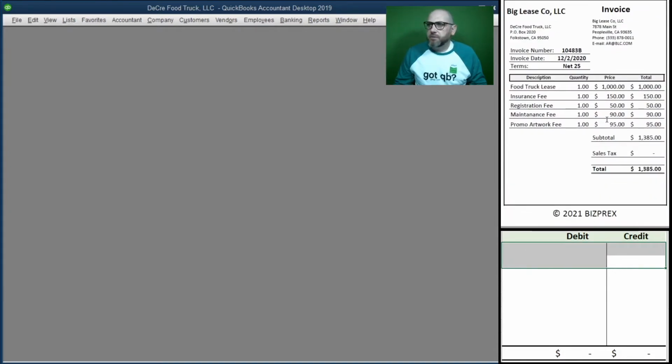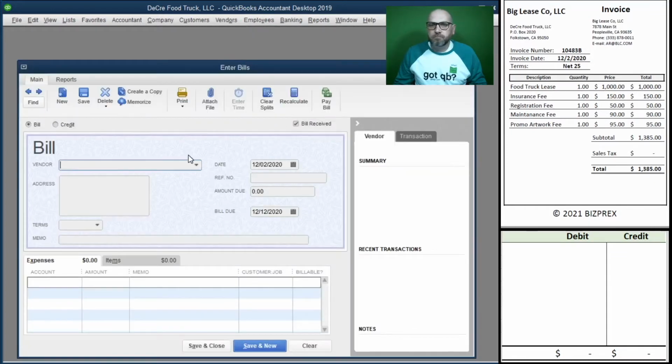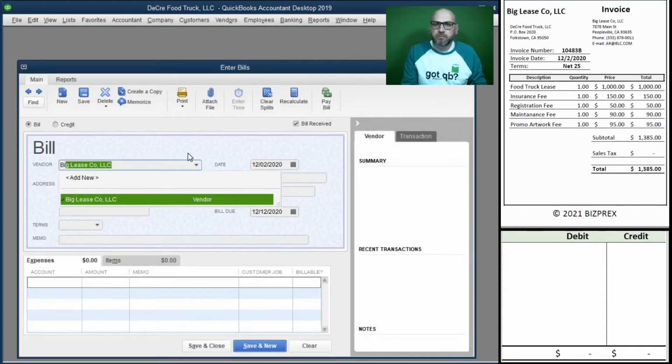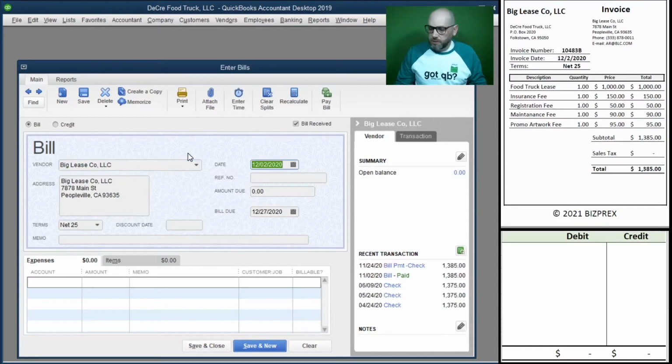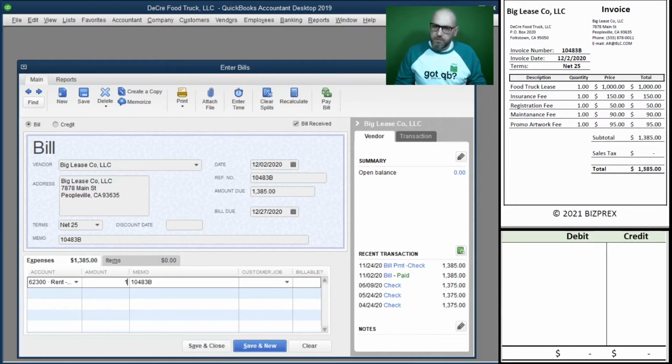Okay, we have another invoice we're going to enter. Again, 12/2/2020. Excellent. All right, 25. Great. In this case, we have multiple expense accounts, right? We have our rent at 1,000.